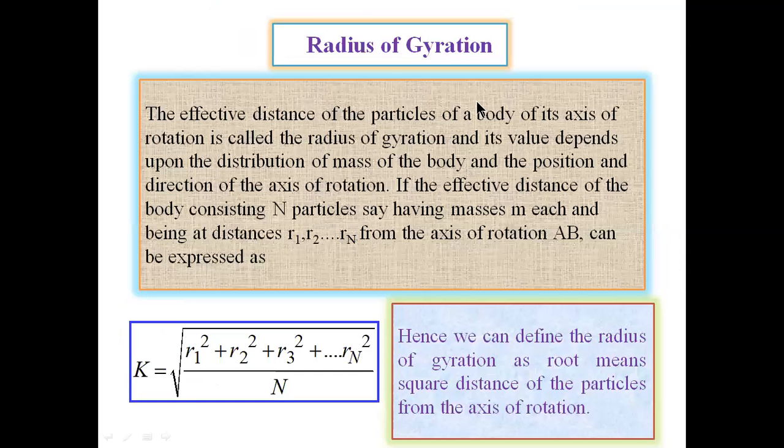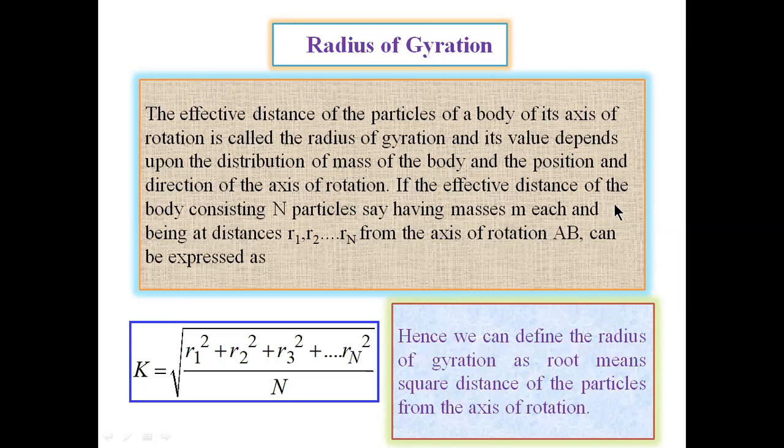Now coming to radius of gyration, the effective distance of the particles of a body from its axis of rotation is called the radius of gyration, and its value depends upon the distribution of mass of the body and the position and direction of the axis of rotation.